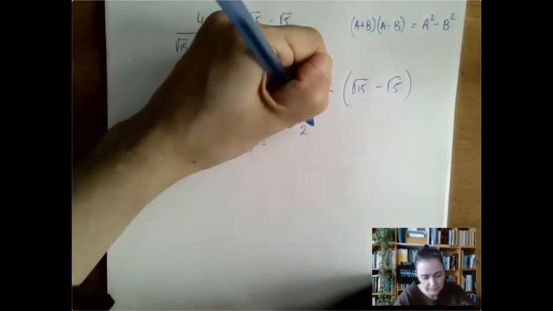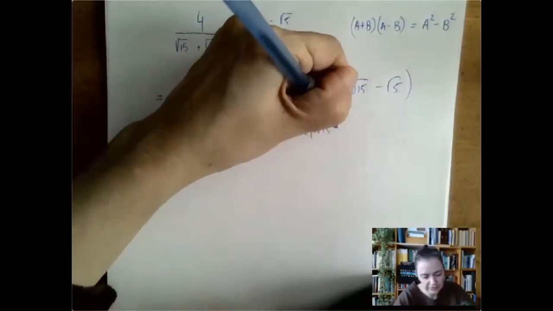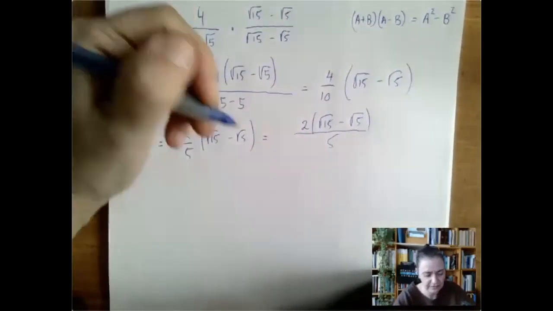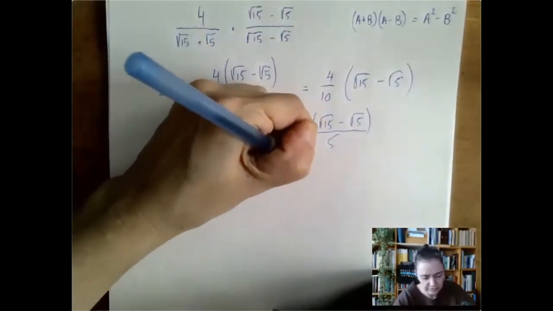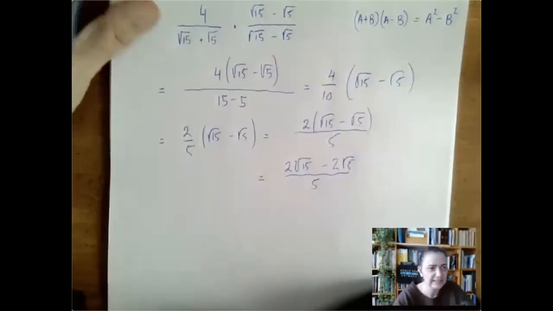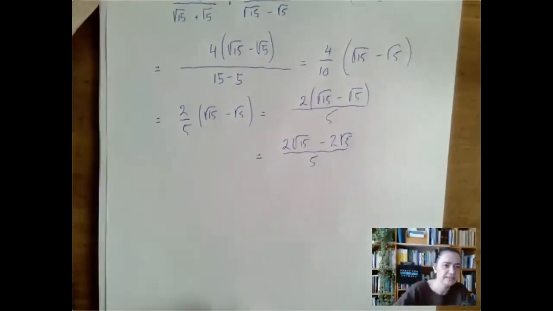Or 2 times root 15 minus root 5 over 5, or what we get when we distribute the 2.